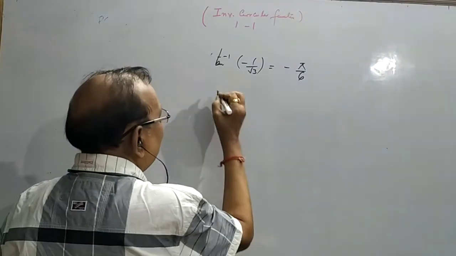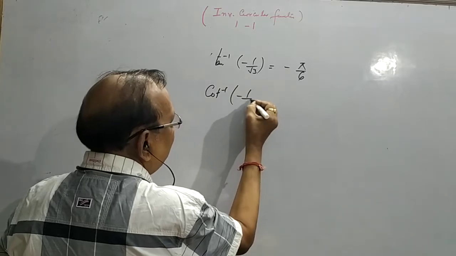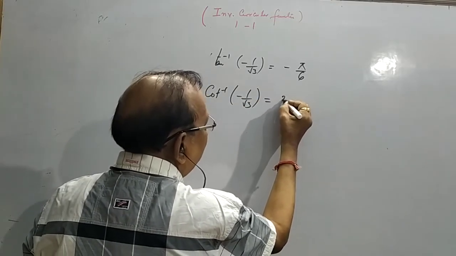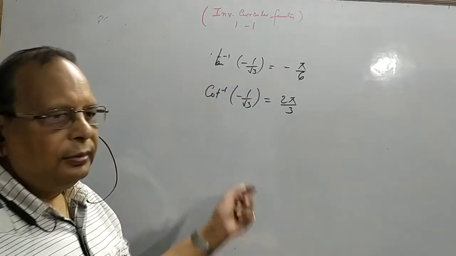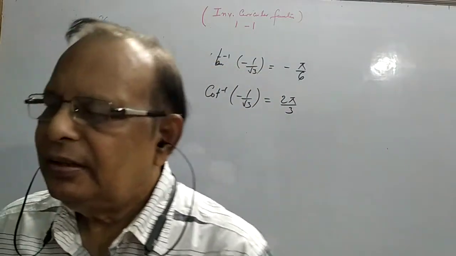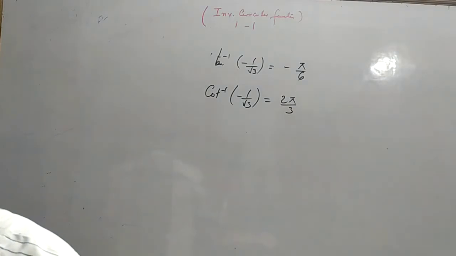Similarly, we can get for others: cot inverse of minus 1 by root 3 will be 2 pi by 3, as cot 2 pi by 3 is equal to minus 1 by root 3, and we have considered this as it lies between 0 and pi.